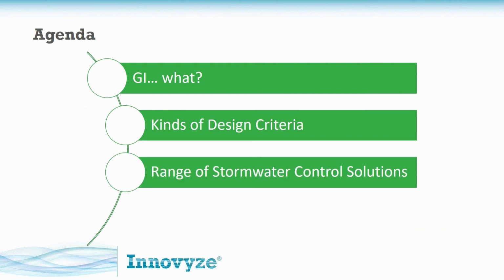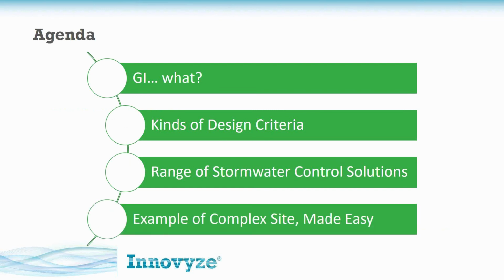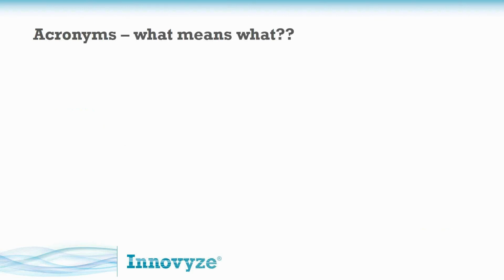And most of the time will be spent on really looking at the whole range of what I'll call stormwater controls that we can implement successfully on sites. Ultimately, just briefly show an example of what I consider a more complex site made a bit easier. So showing a range of these different facilities.